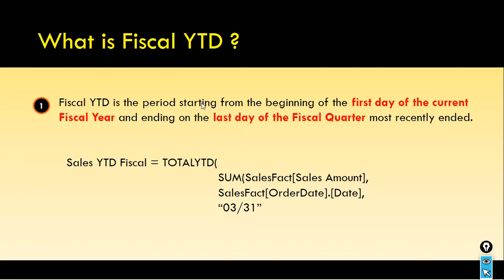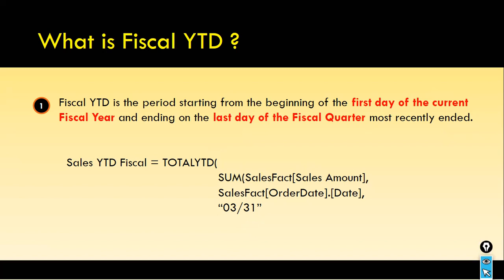The fiscal year to date is the period starting from the first day of the current fiscal year and ending the last day of the fiscal quarter most recently ended. In this case, the last day of the fiscal quarter is March 31, right? So on 1st April, the value will get reset in the case of fiscal year to date. That is the difference.